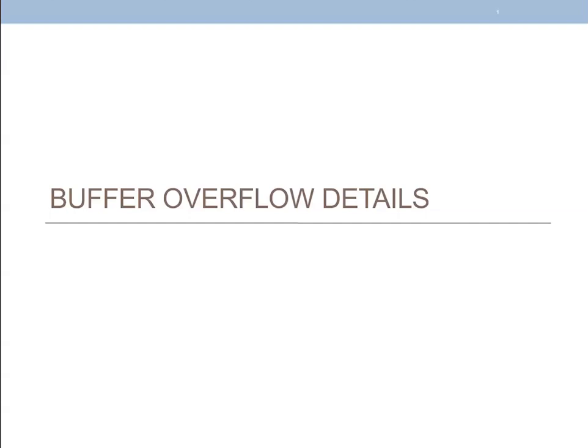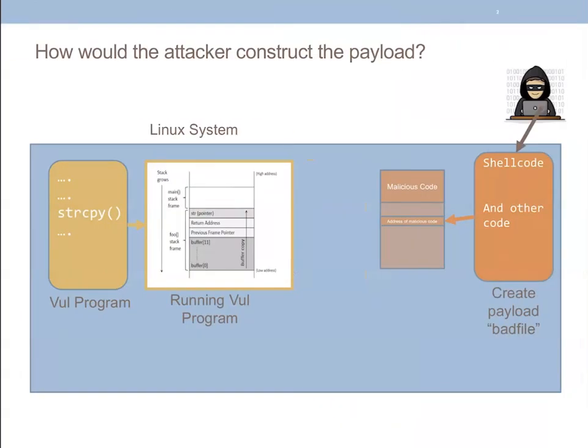In this video, we're going to dive deeper into some of the details of the buffer overflow attack. So we know that we have an attacker over here who is attempting to take advantage of a vulnerable program that has a strcpy or something else that could be overrun using user input.